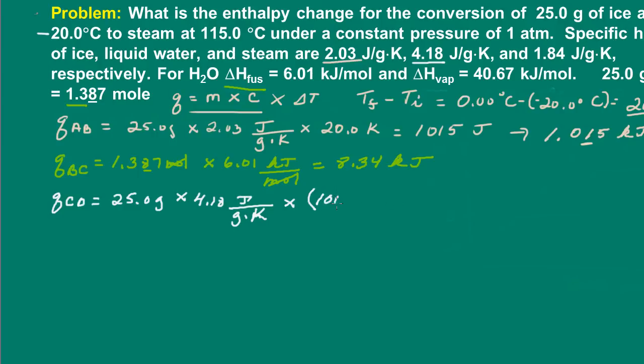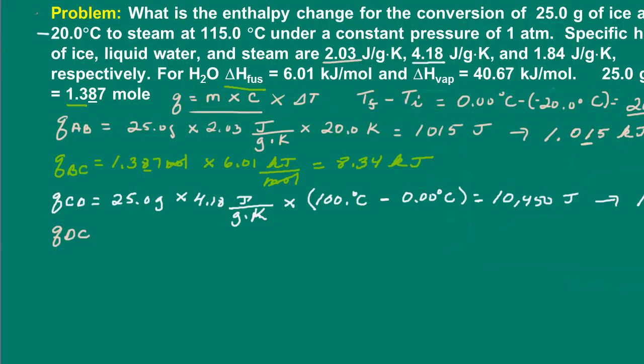The final temperature is going to be 100 degrees, and the initial was 0 degrees. So this then works out to be 10,450 joules, and that'd be the same as 10.4 kilojoules.